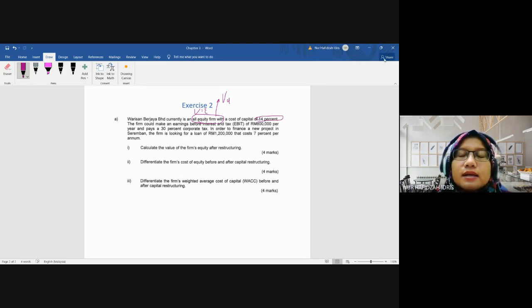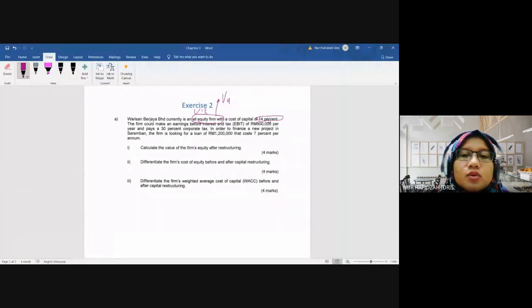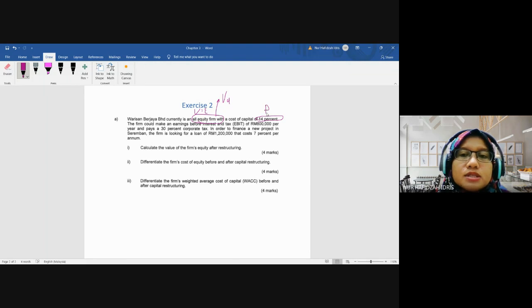Look at the formula in the exercise. The cost of capital for the unlevered firm, 14%, what is it actually? What is this 14%? RU. Yes, RU. This is RU. Okay. The firm could make an earning before interest and tax of 800,000 per year.